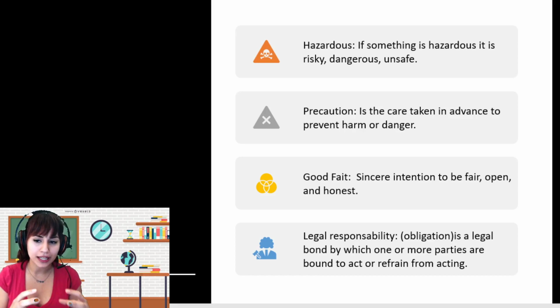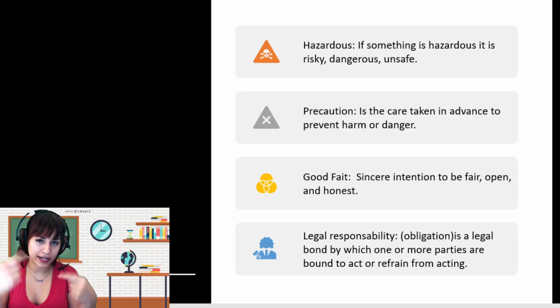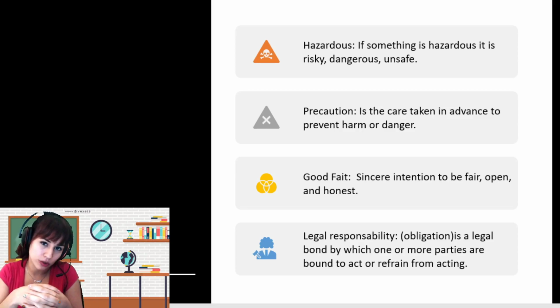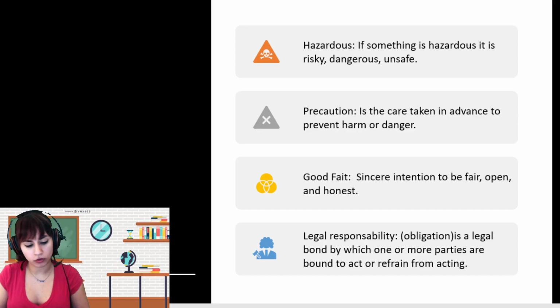Cuando hay una responsabilidad legal, ¿a qué se refiere eso? Que hay una obligación legal, hay un vínculo legal que te obliga a una o a varias partes que se involucran dentro del contrato, pudiendo ser, para actuar de una u otra manera, dependiendo de la situación en que nos encontremos, ¿verdad?